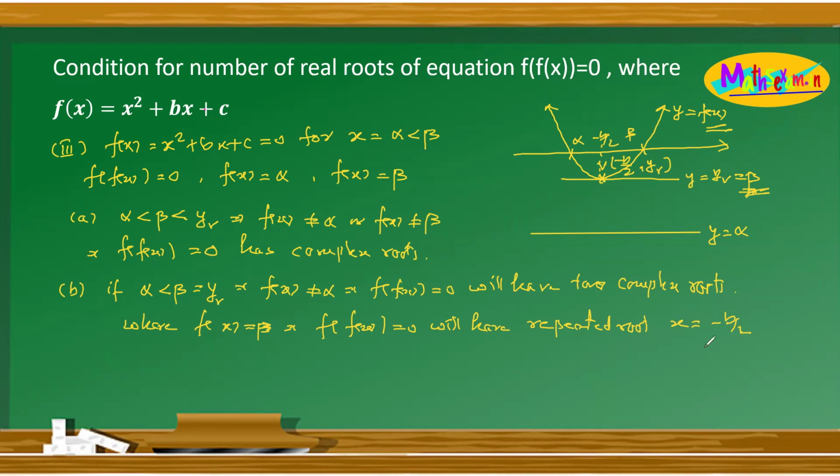So hence you can say, and remember that this will be the repeated root of this equation. So if I talk about f of f(x) is equal to 0 has two real roots and which are repeated roots and two complex roots.